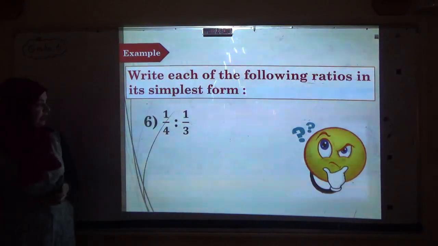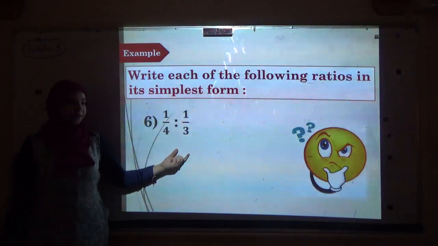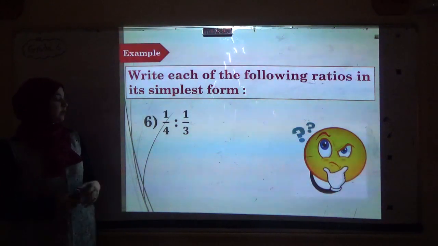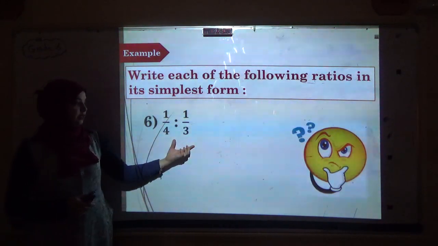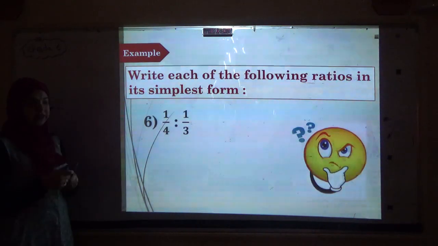Here we have another idea. Number 6, 1 over 4 to 1 over 3. The two terms of the ratio are fractions. We should cancel the denominator, or get rid of the denominator, by using cross multiplication.